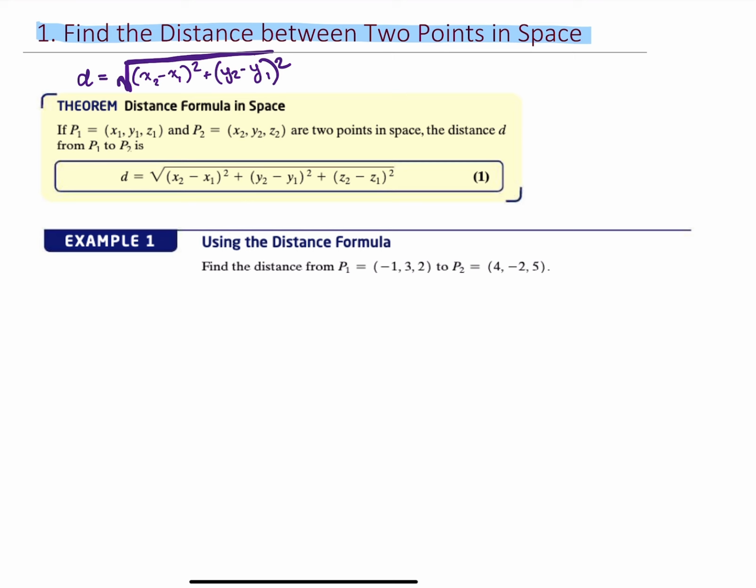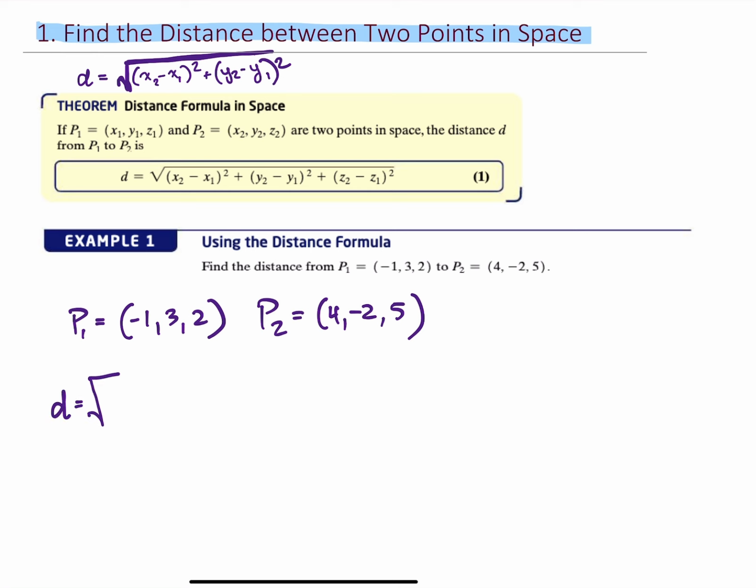So let's find this distance between 2 points. Point 1 in example 1 is negative 1, 3, 2. And point 2 is 4, negative 2, 5. So our distance between these 2 points will be under a big square root. So we'll have the difference of our x values squared, so 4 minus negative 1 squared, plus the difference of our y values squared, negative 2 minus 3 squared, plus the difference of our z values squared, 5 minus 2 squared.